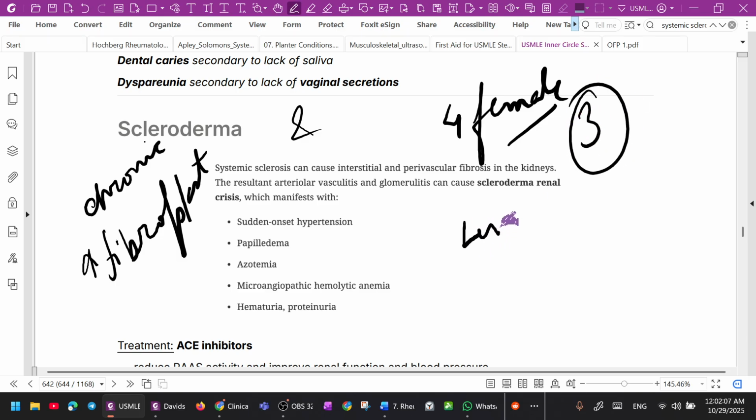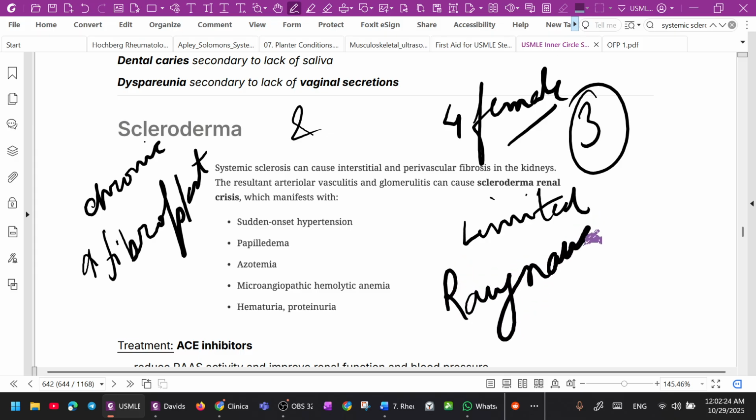It is limited cutaneous systemic sclerosis, where Raynaud's is the first sign.